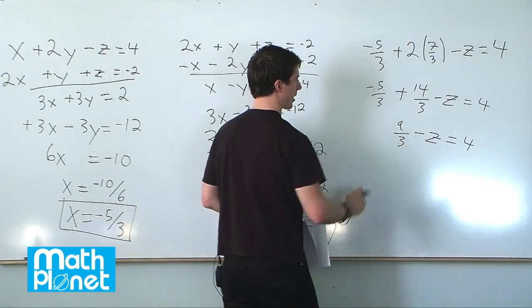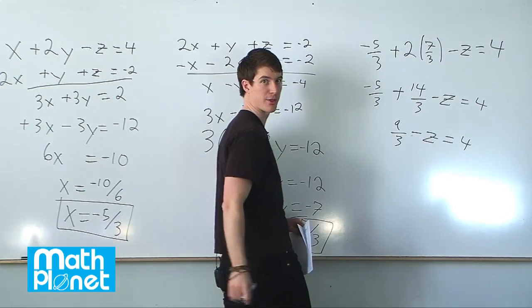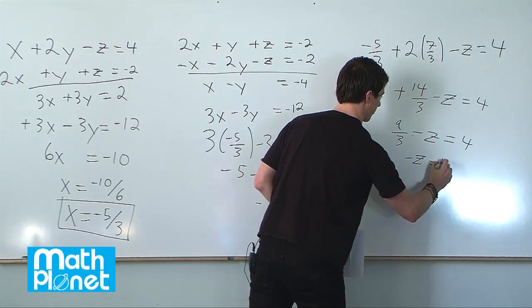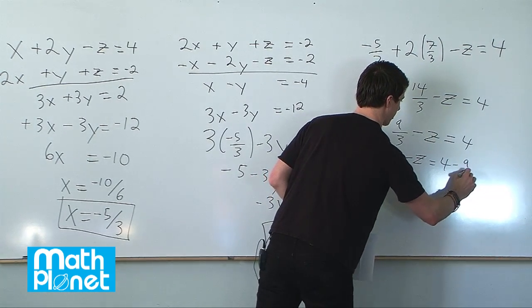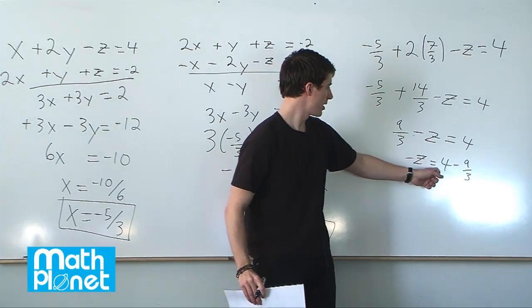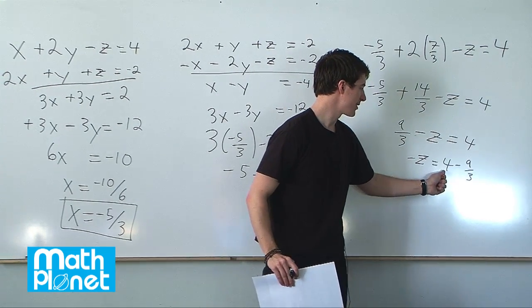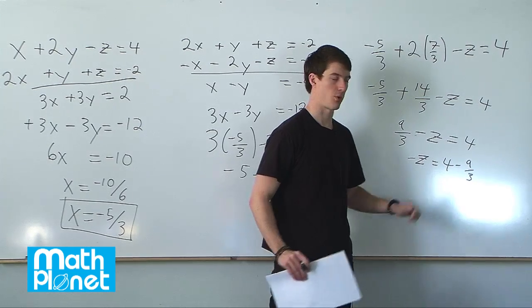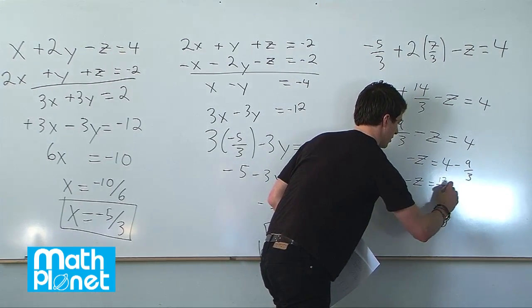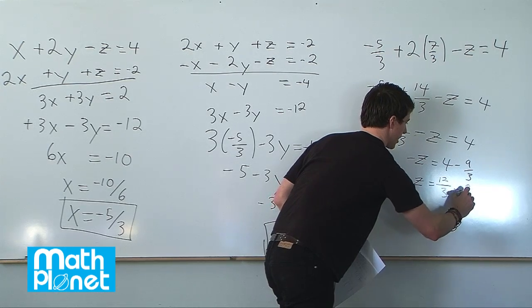So then we need to get the z by itself. So we need to subtract 9/3 from both sides. So we have negative z equals 4 minus 9/3. Now we don't have common denominators here. We need to have a common denominator. That would be 3. So if we have 12/3, that's the same as 4. Negative z equals 12/3 minus 9/3.